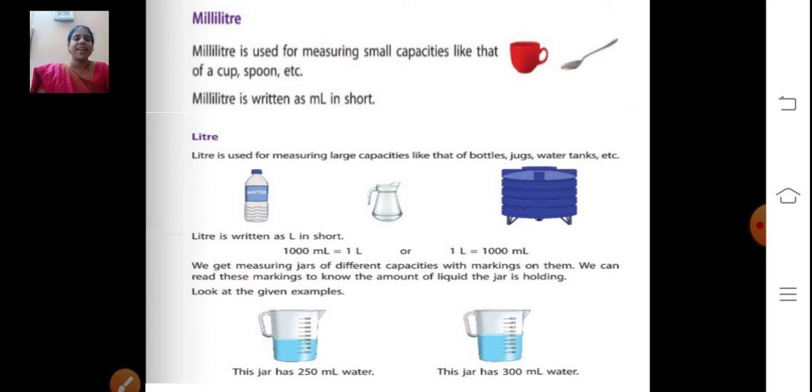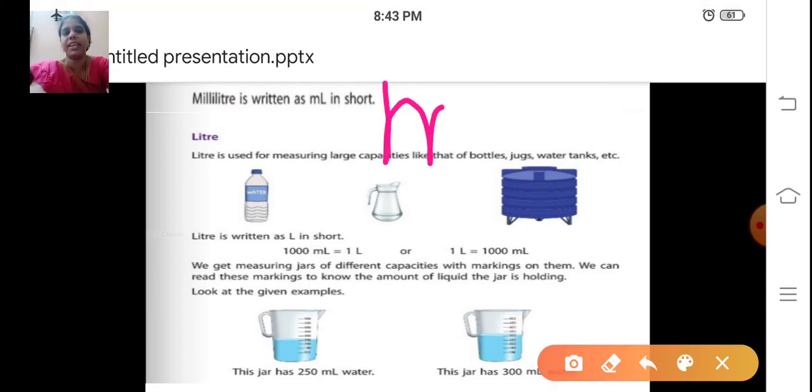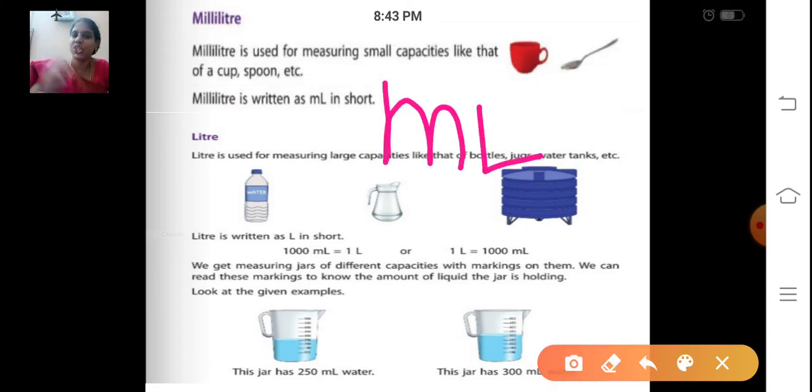Don't forget, to measure small capacities like that of a cup, glass, spoon, etc., we use milliliter. For milliliter, we write ml in short, and it is used for measuring small capacity.